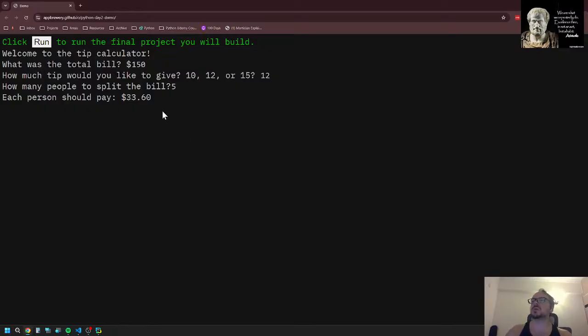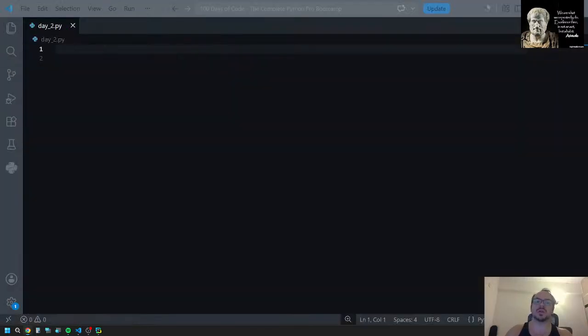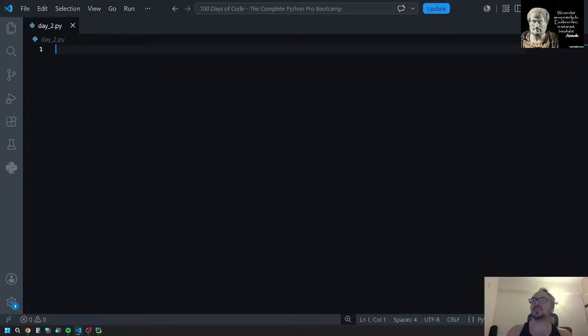That's a float, shows two decimal numbers, 33.60, not just 33.6. Okay, so let's do it.